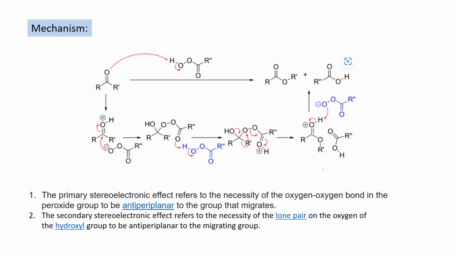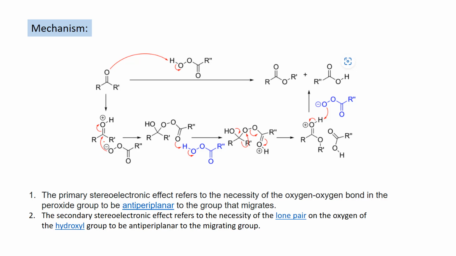What is the mechanism of this reaction? You can see, first, if a peroxide is added, this oxygen will take a proton from this peroxide, forming this intermediate.